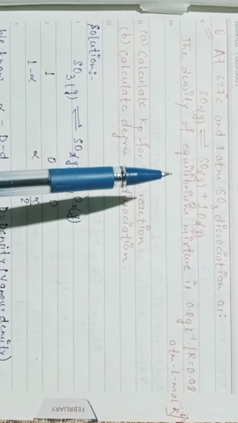Now we know here SO3 dissociates into SO2 and half mole of O2. So the initial pressure is 1 atm, which is given in the question, and the initial amounts of SO2 and O2 are 0. At the time of equilibrium, SO3 will be 1 minus alpha, where alpha is the degree of dissociation, and it will dissociate into SO2 and half mole of O2.